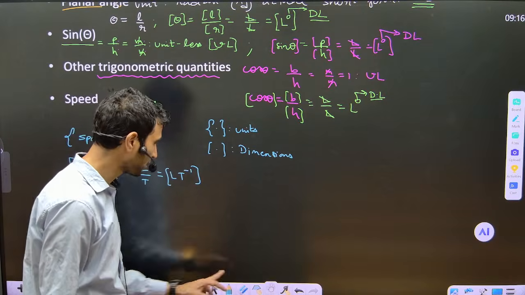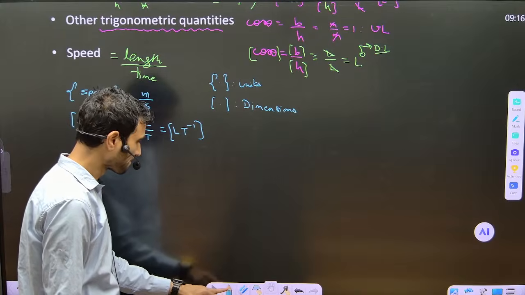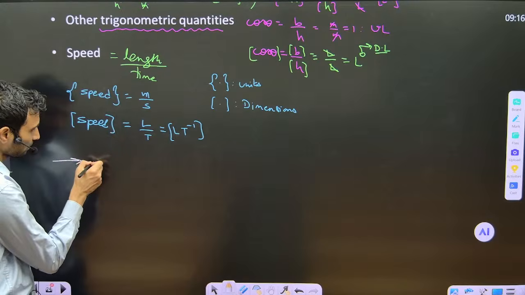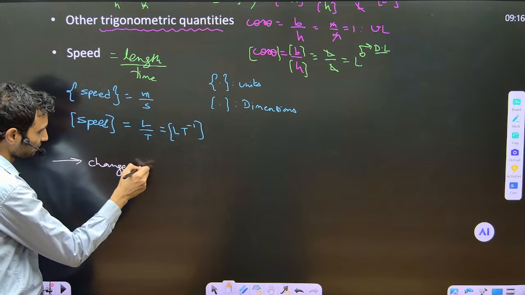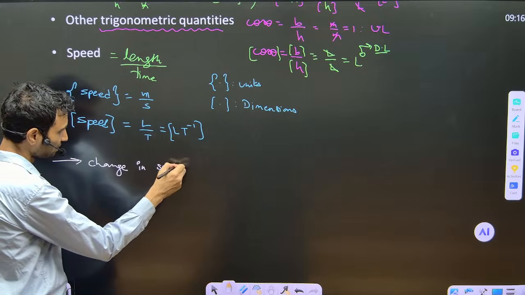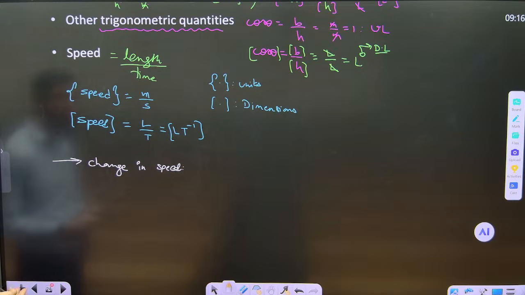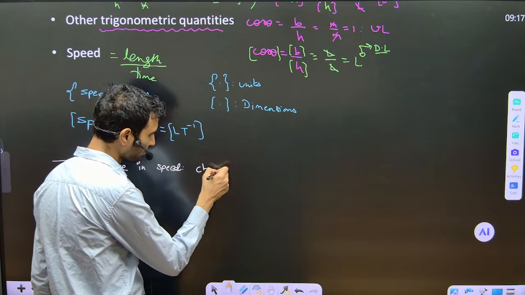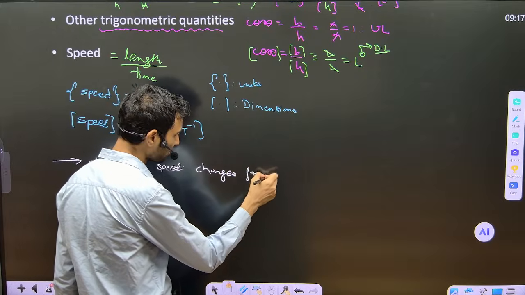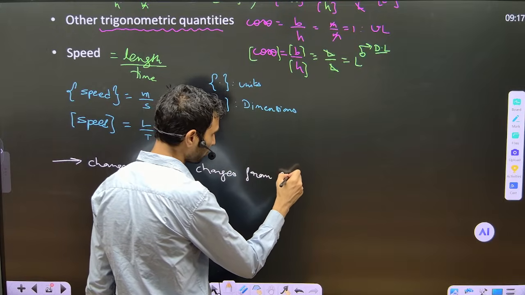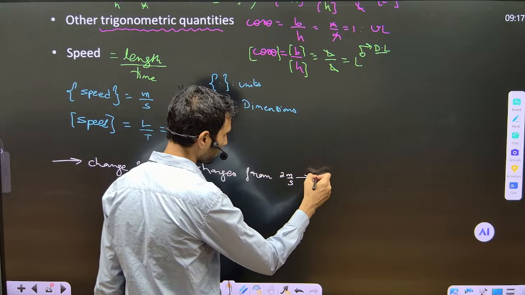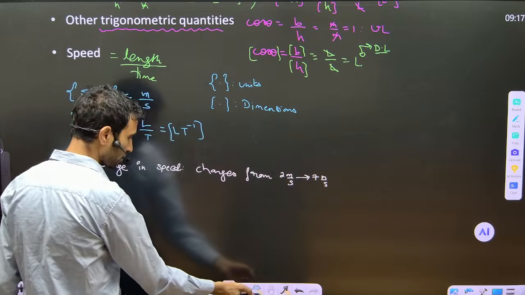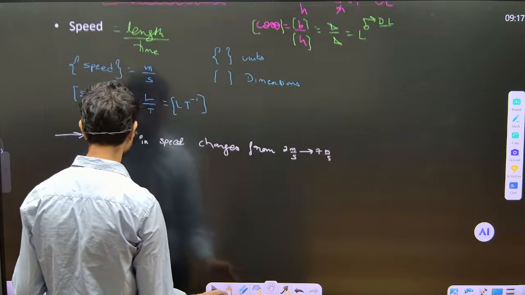Similarly, next we have change in speed. Let's say speed changes from 2 meter per second to 7 meter per second. So what is the change we get?